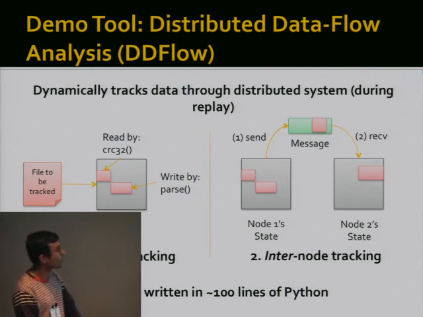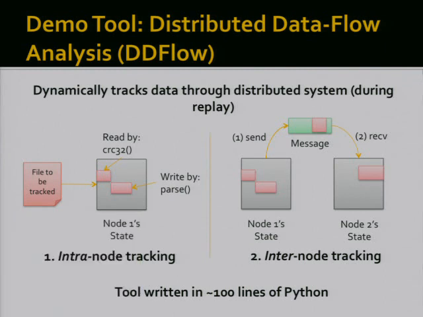But beyond just one node, it'll track this data across messages to other nodes as well. So it does intra-node tracking as well as inter-node tracking. And this particular tool that I'm going to demo was written in just 100 lines of Python code on top of our DCR replay infrastructure.